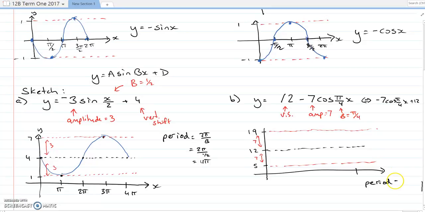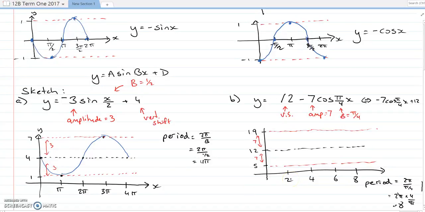So our period equals 2 pi divided by pi over 4, which is the same as 2 pi times 4 over pi. Cancel, cancel, it equals 8. Okay, so this is 8. Divide into 4 sections here. So this is 4, this is 2, and this is 6. Okay, so those are our key points.